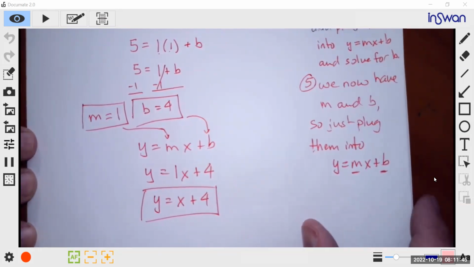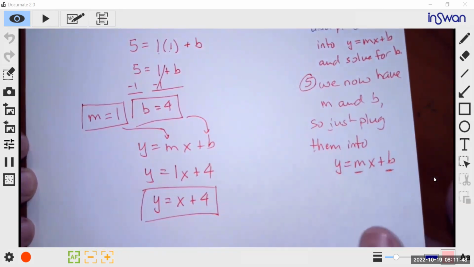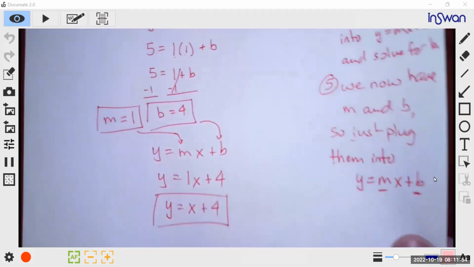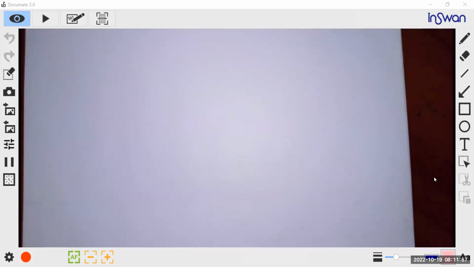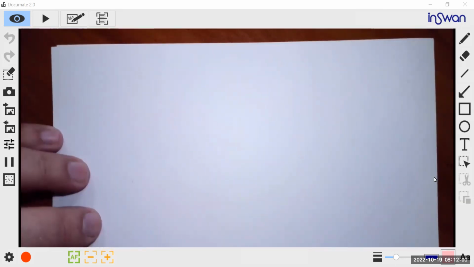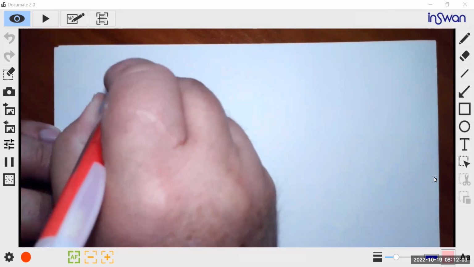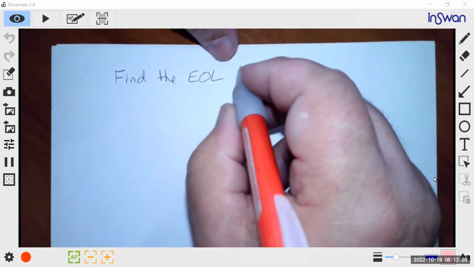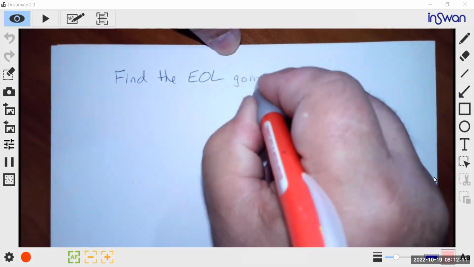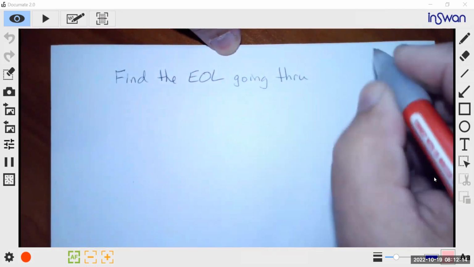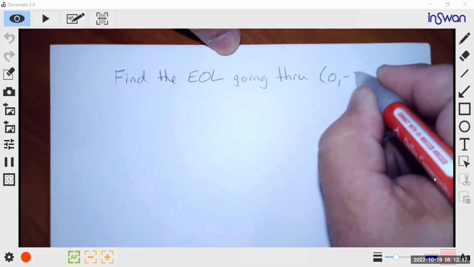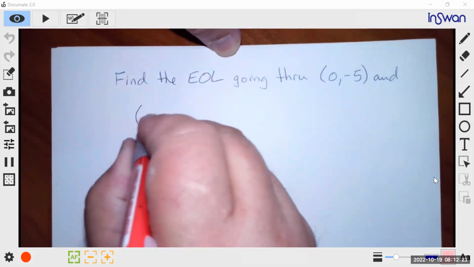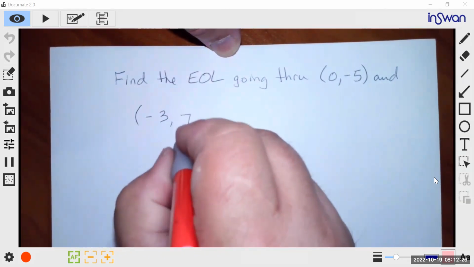Okay, let's do another one. Find the equation of a line going through 0, -5, and -3, 7.